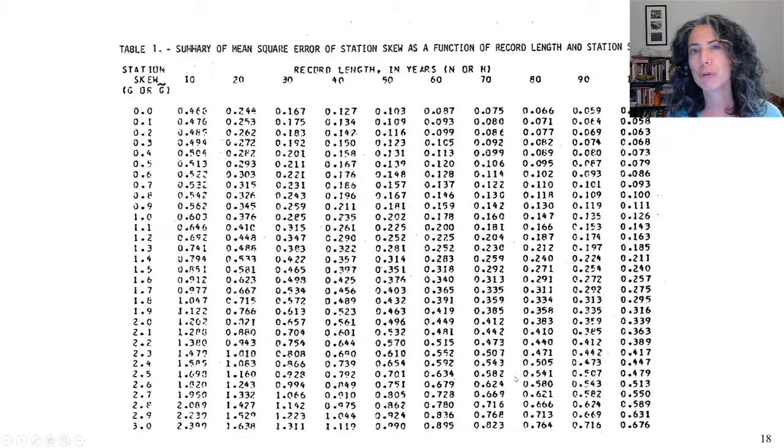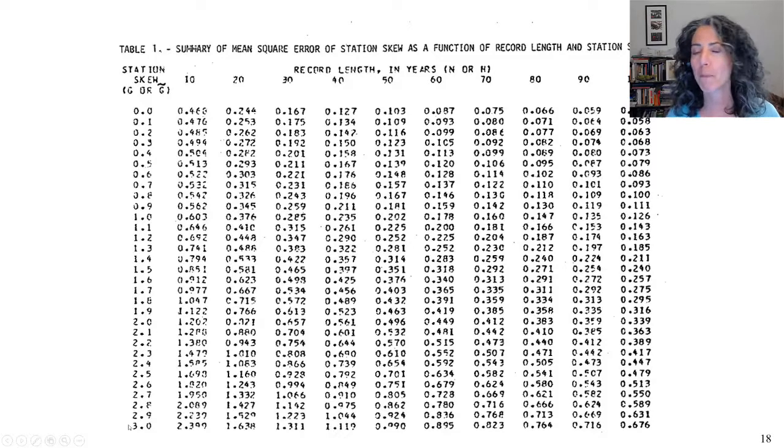This is a table from Bulletin 17B, which is the mean square error of station skew as a function of the skew itself and the sample size. So we just looked at the very first row of this table for a skew of 0 and increasing sample size. And then down this column, we have increasing values of skew.